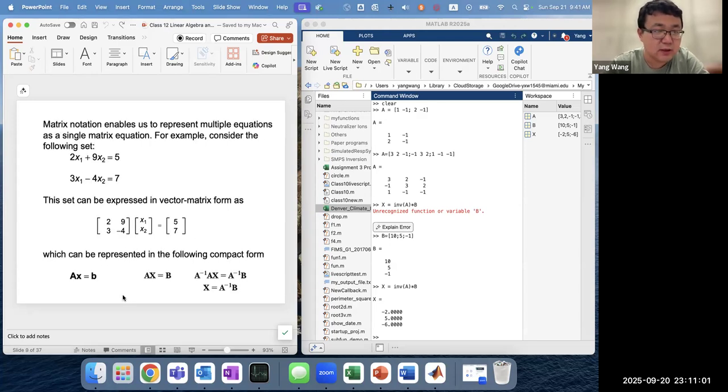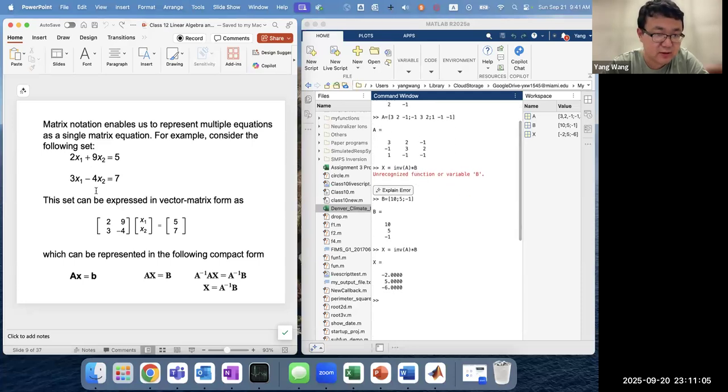Okay, so then basically, as we said earlier, we could use this inversion method. So this is another example. You could have 2x1 plus 9x2 equals 5, 3x1 minus 4x2 equals 7. You can generalize this into a matrix calculation with 2, 9, and 3, minus 4, and x on the second term.